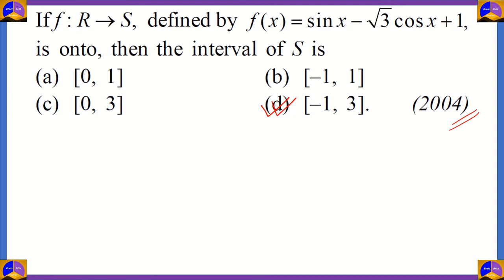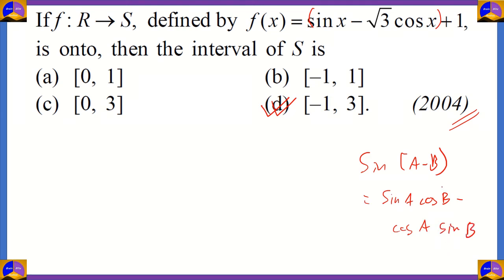So in this question, we used a little bit of trigonometry. What we did is that we took sine x minus root 3 cos x as a separate function, that is g of x, and then we multiplied and divided the whole function by 2, so that made it suitable for us to use a trigonometric formula, that is sine of a minus b, which can be written as sine a cos b minus cos a sine b.